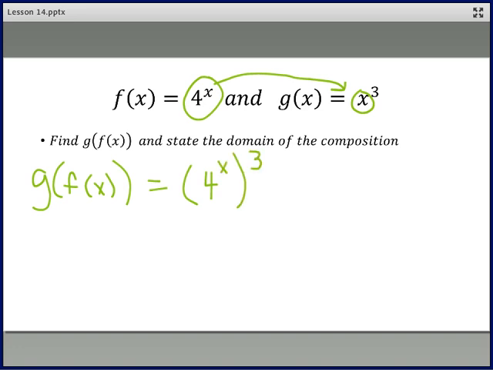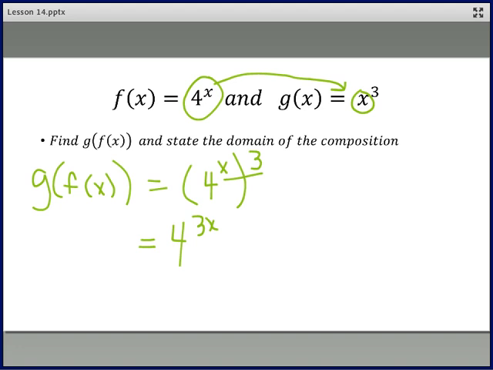And this time, I'm going to take x right here, and it's going to be replaced by that. So we're substituting this direction. So we've got x, replacing that with 4 to the x power, and then I'm going to cube it. Now, how do I simplify this? Well, we're going to use the rules of exponents.